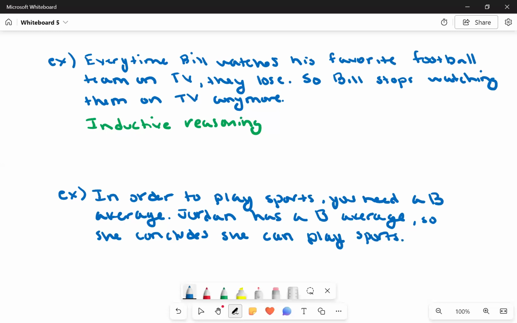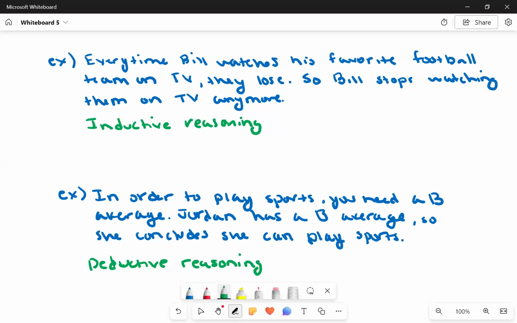Okay, so in this example, Jordan based her conclusion on a rule. The rule of probably whatever school she is attending is that in order to play sports, you have to have a B average. So this would be deductive reasoning. So she's basing it on a factual rule that is held true at her school.